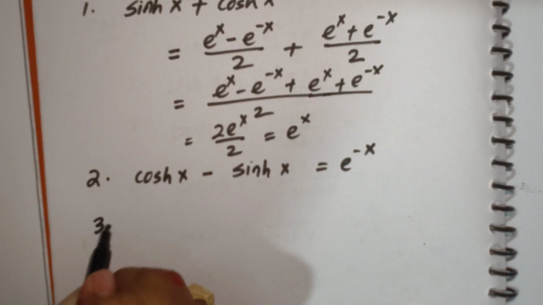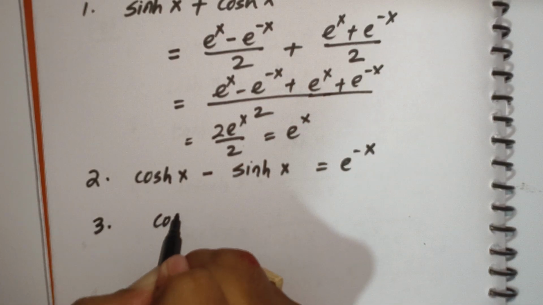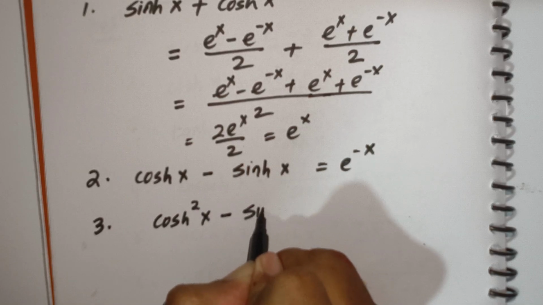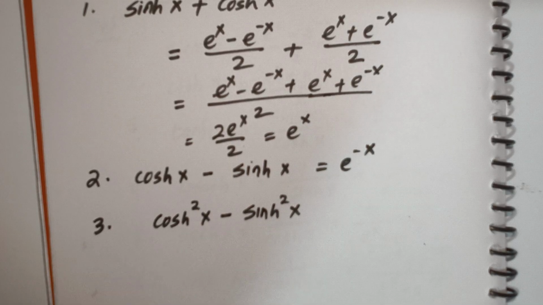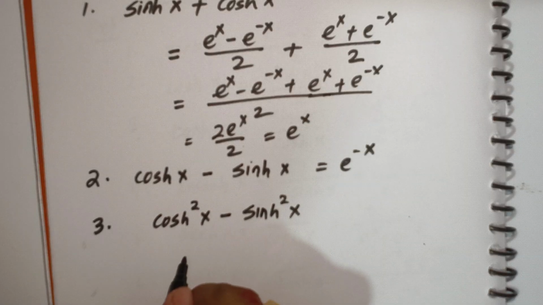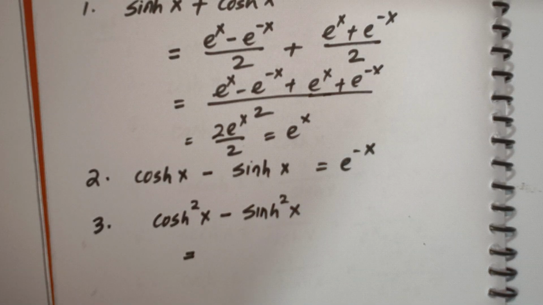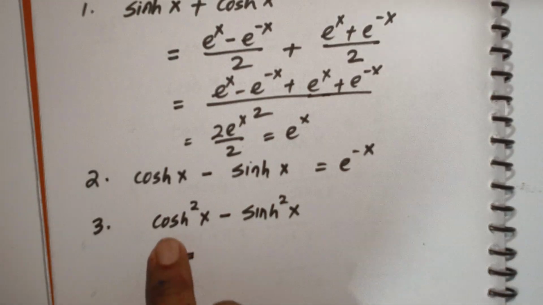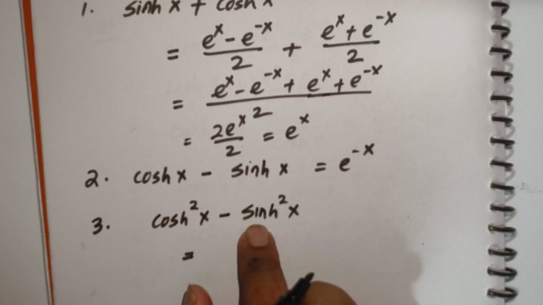Third, let us see what is hyperbolic cosine square x minus hyperbolic sine square x. Here we can use the identity a square minus b square equals a minus b times a plus b. And what is a here? a is hyperbolic cosine and b is hyperbolic sine.